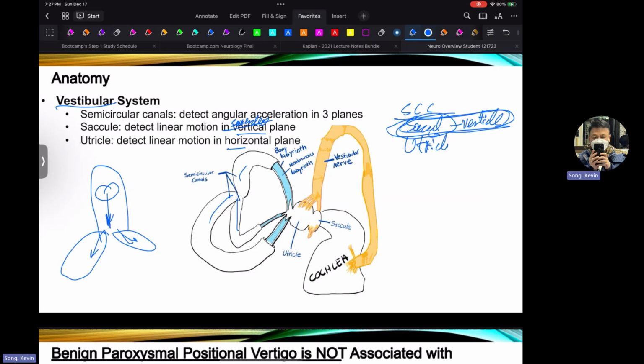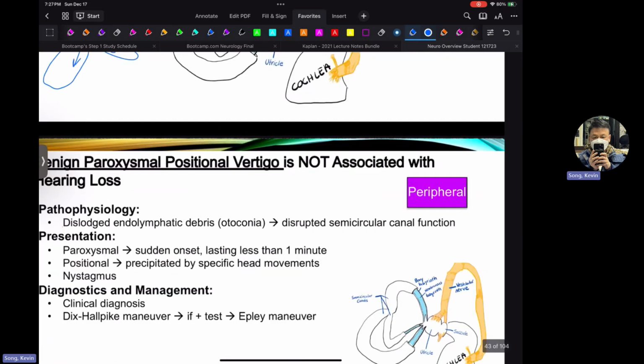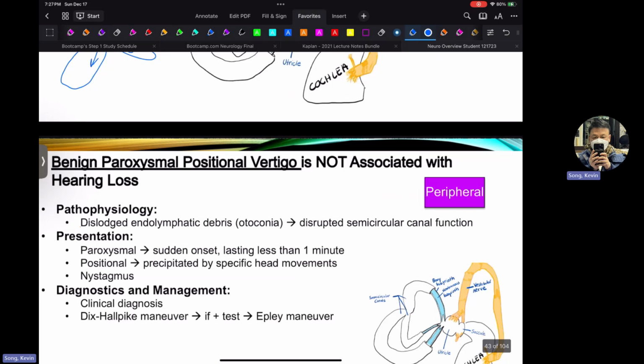So motion sense. Now a very popular topic is BPPV, benign paroxysmal positional vertigo. A very popular symptom in many cases. It's a very benign, very popular condition.